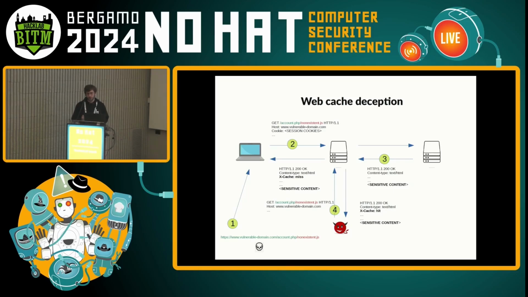Then the cache, seeing the static extension, thinks that this resource is static, saves it locally, and returns the resource to the client. Then an attacker can simply request the same resource with the same path, the same cache keys, and of course obtain the sensitive content. This is the basic attack.